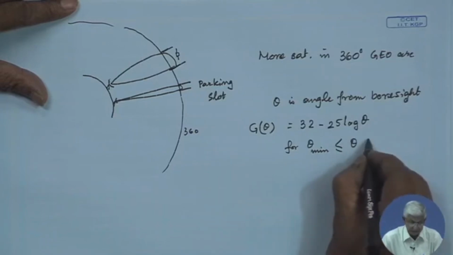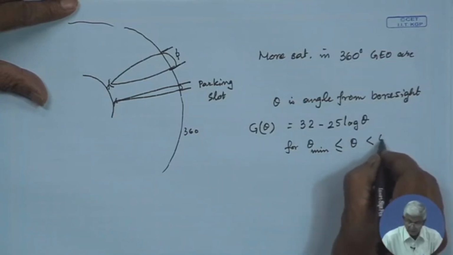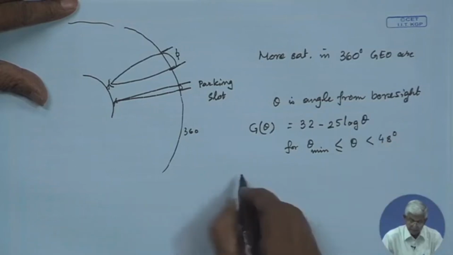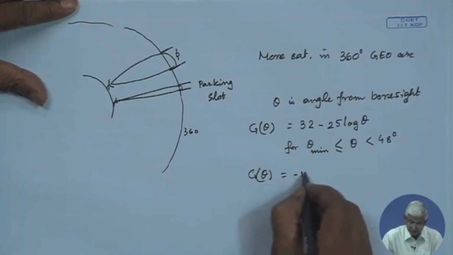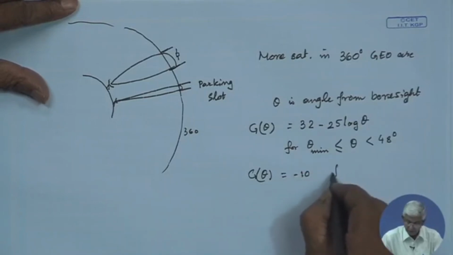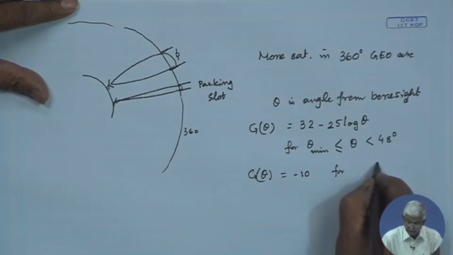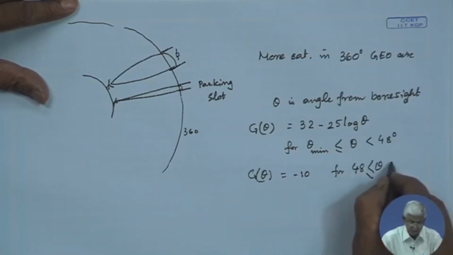Theta should be between theta minimum and 48 degrees, and G theta is equal to minus 10 for theta between 48 degrees and 180 degrees.